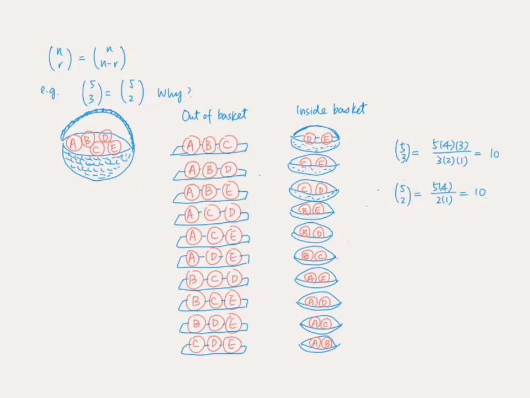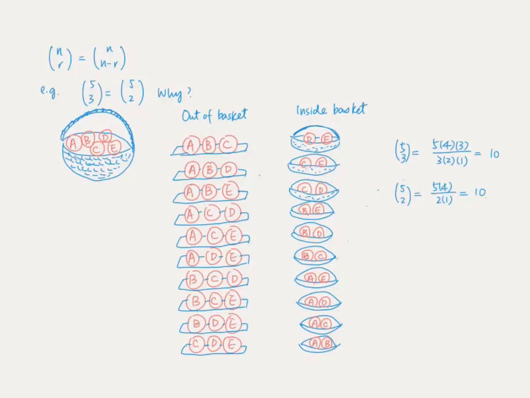It gives 10. For instance, if we picked A, B, C out from the basket, it means that we left behind D and E in the basket. If we picked A, B, D out from the basket, it means we left behind C and E in the basket.